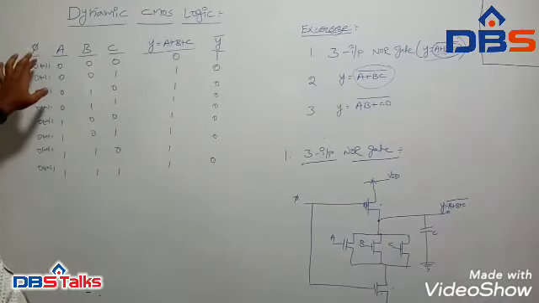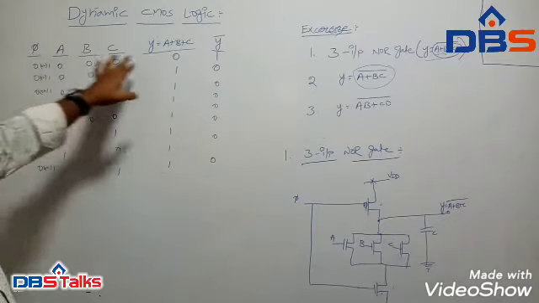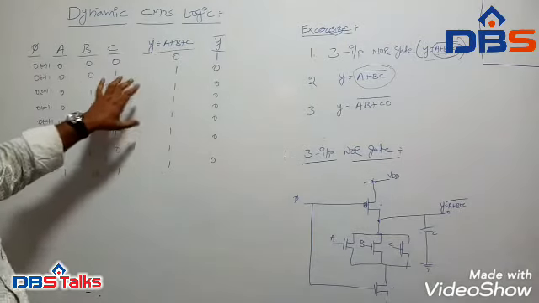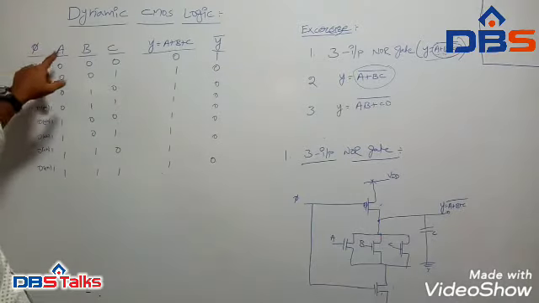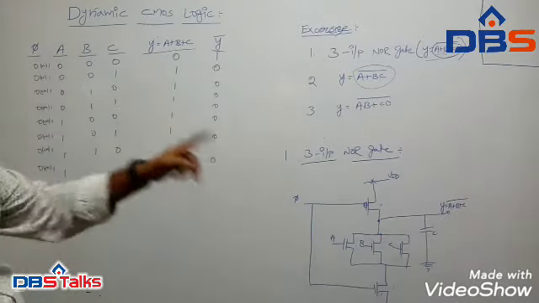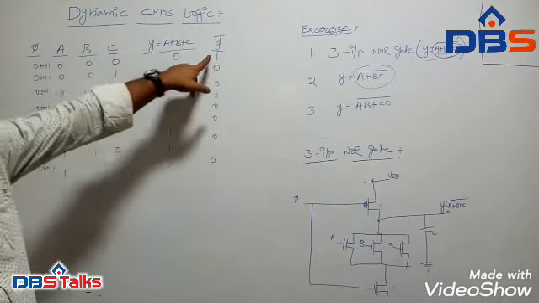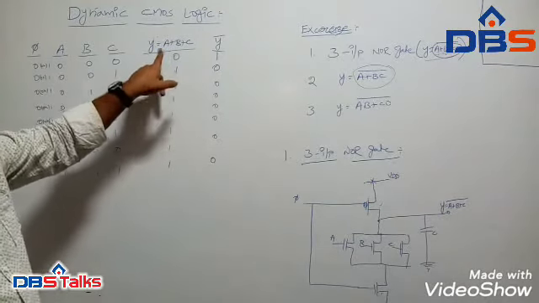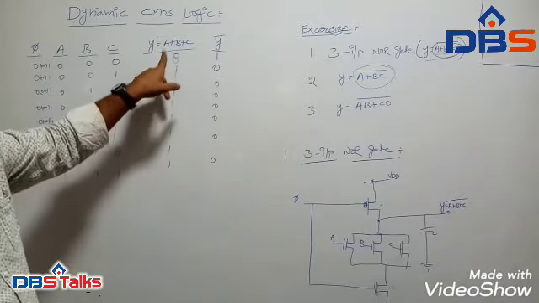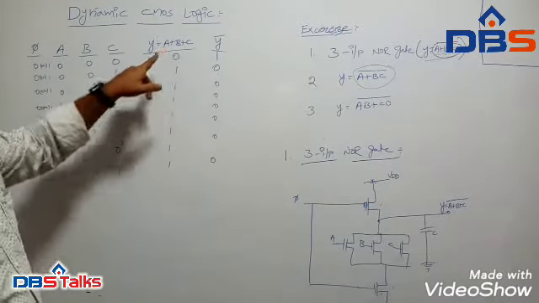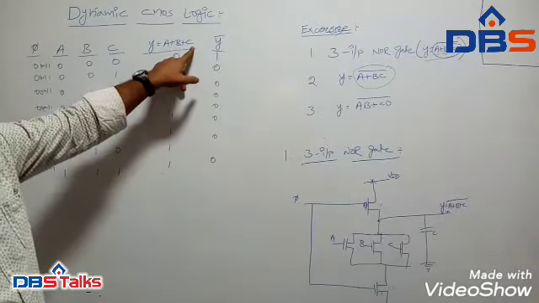In this truth table, the following elements are present in the two tables. They are pi and the inputs A, B, C, and the summation of 3 inputs, and the complement of this logic, that is the complement of overall y is equal to A plus B plus C whole bar.